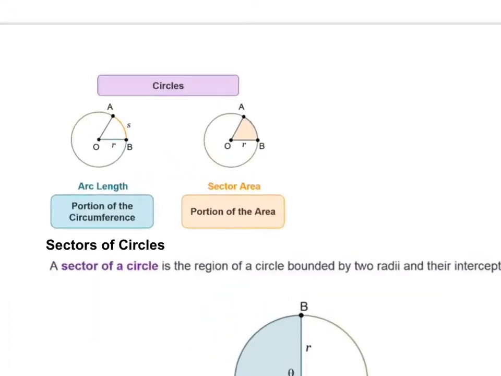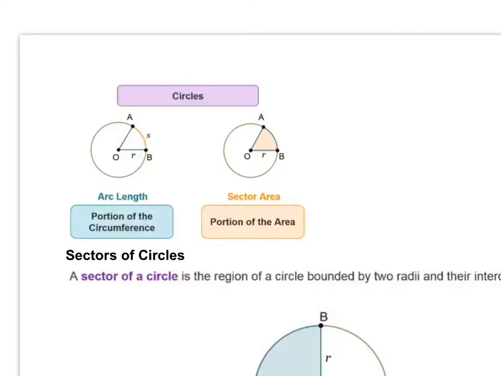What we're really trying to get into here, that last page was a review of the area of a circle, and in these 2 sections we talked about arc length and sector area. An arc length is a portion of the circumference, and a sector is a portion of the area.